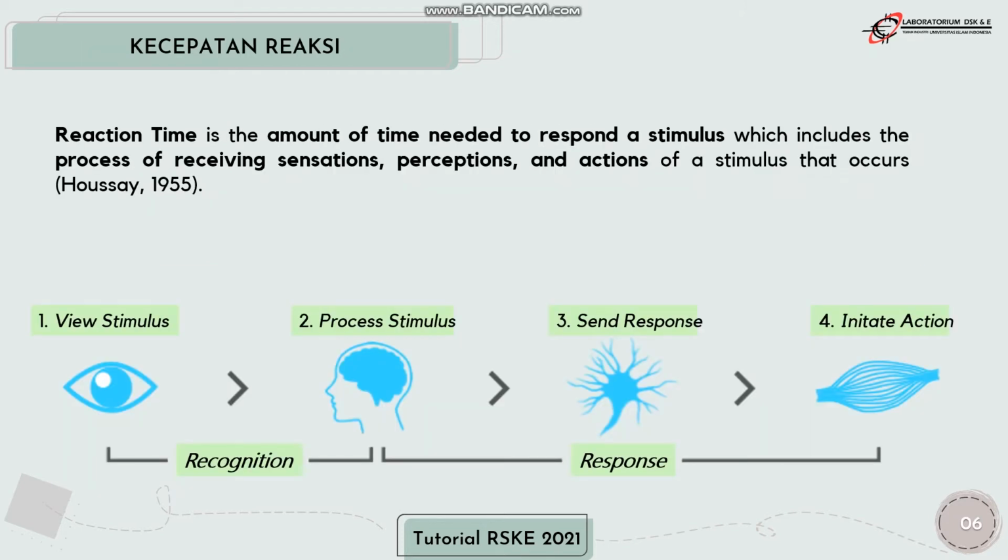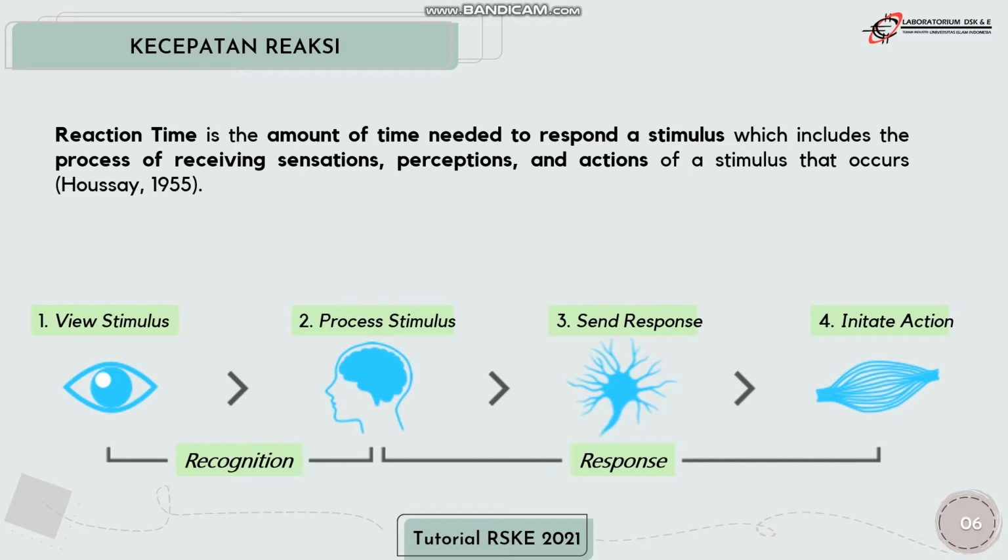The definition of reaction time is the amount of time it takes a person to respond to a stimulus, which includes the process of receiving the sensation, perception, and action of a stimulus that occurs.